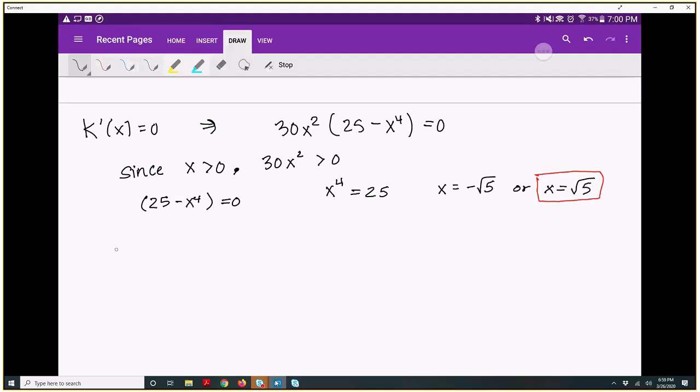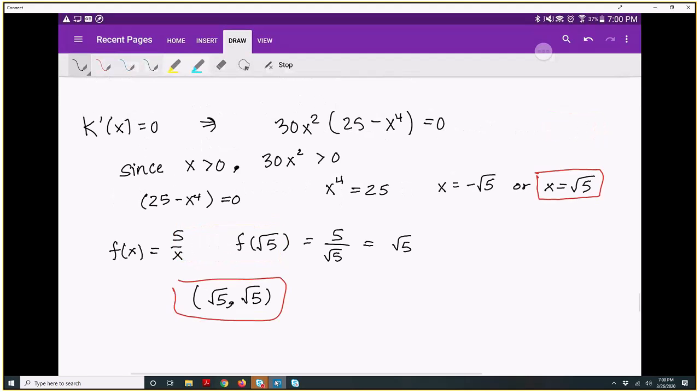So since our function was 5 over x, f of square root of 5 is 5 over square root of 5, and that's square root of 5. So the point of maximum curvature is going to be square root of 5, comma, square root of 5. So that answers part A.